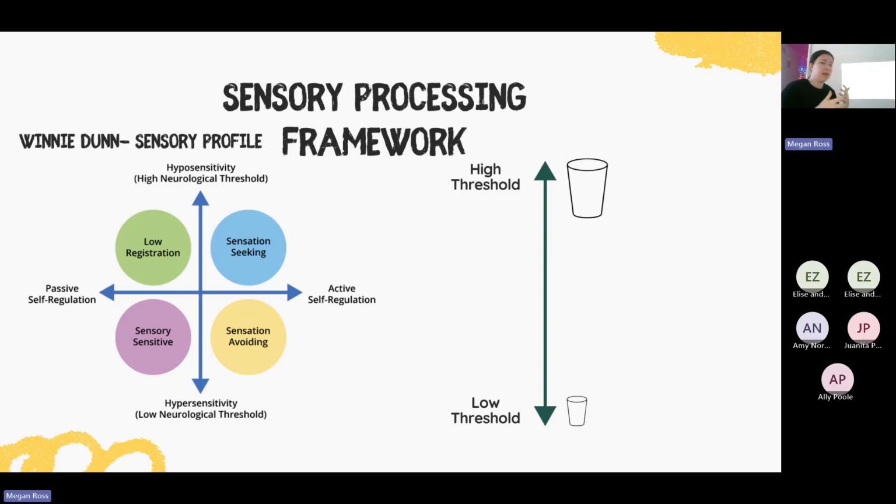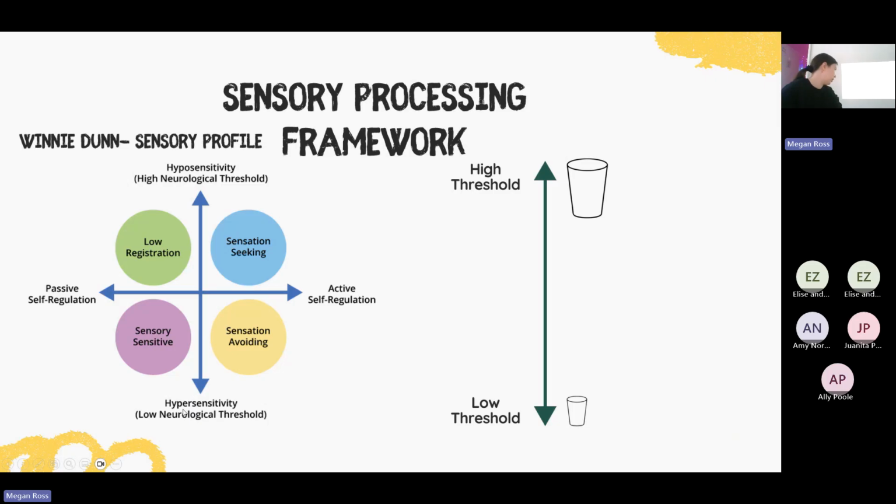Sometimes this confuses people, but sometimes this really helps people get it: a high threshold means a lot only seems like a little. So a lot of sensory information only seems like a little to your brain, so you need more.